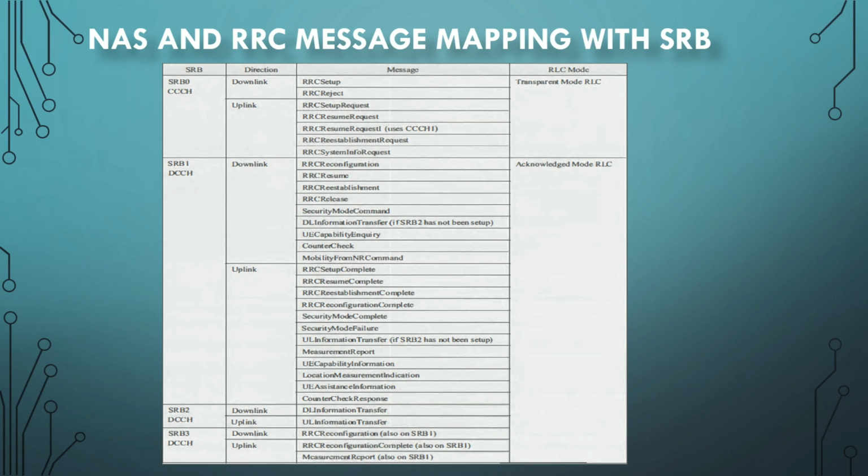And in uplink: RRC connection setup complete, RRC re-establishment complete, RRC reconfiguration complete, security mode complete, security mode failure, measurement report, UE capability information. These are the messages associated with SRB1.